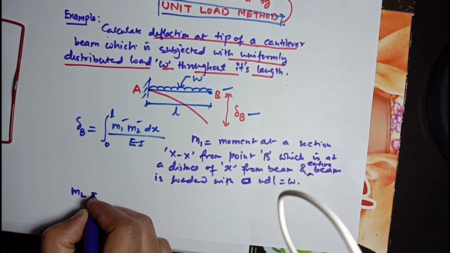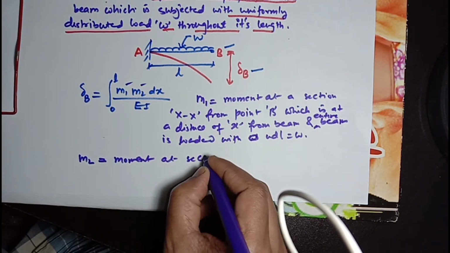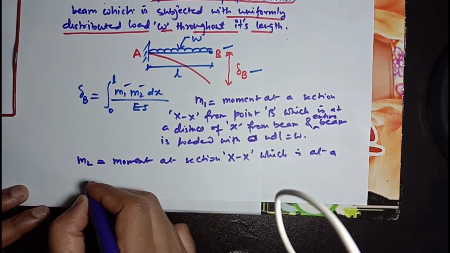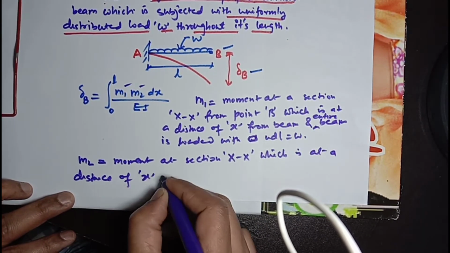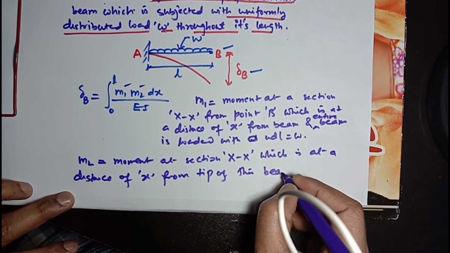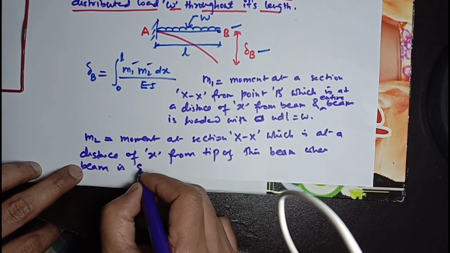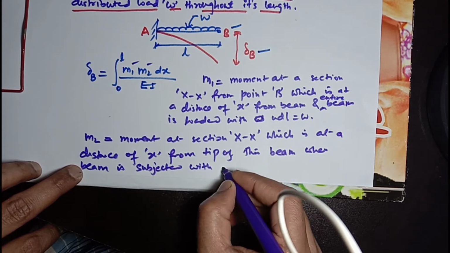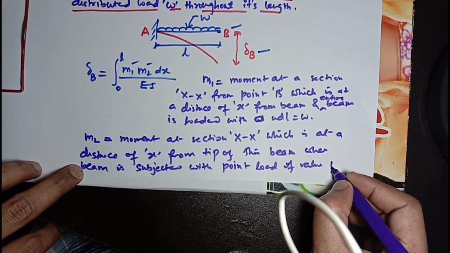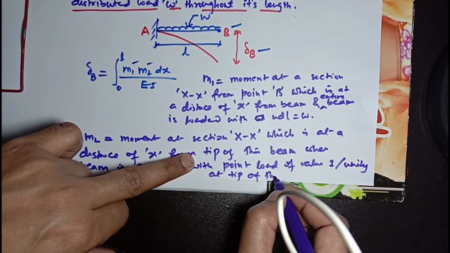Now M2 will be moment at a section XX, which is at a distance of x from tip of this beam, when beam is subjected with point load of value 1, or you can say unity, at tip of this beam.